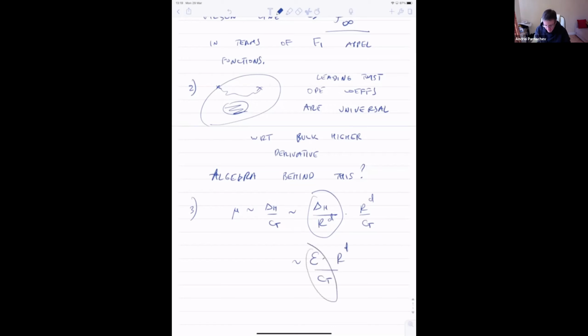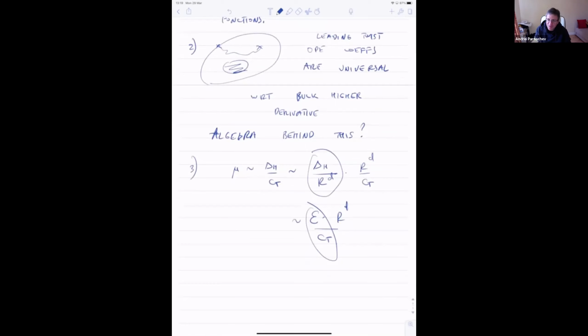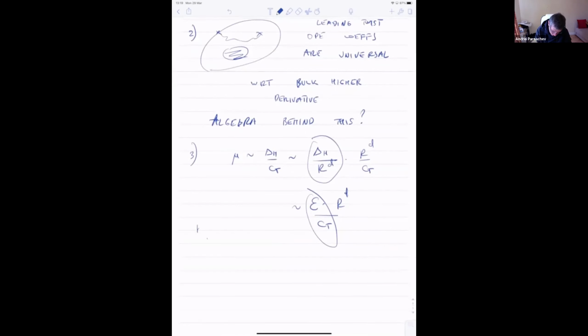So in holography, the energy density is some number, which in some cases is equal to 3/4 times something, but in some other cases it's something else. But the point is the energy density is proportional to Ct, and then it's proportional to t to the 4th. I'm talking about d equals 4. So this is nothing but some number times t to the 4 times r to the 4th. So that's what mu is in 4 dimensions.